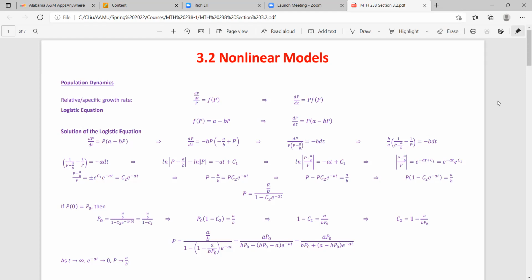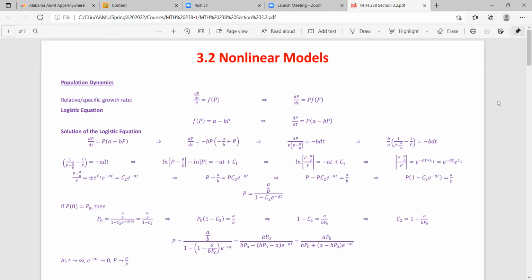So eventually the solution to the initial value problem is P equals (A over B) over (1 minus C2 e to the negative at), where C2 is 1 minus A over B P0. This can be further simplified by multiplying BP0 on both the top and bottom to each term. Remember you have to do that.